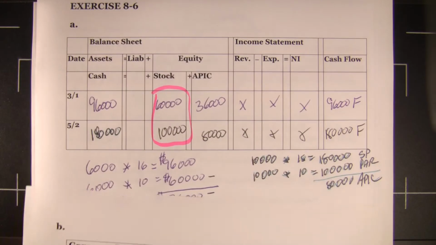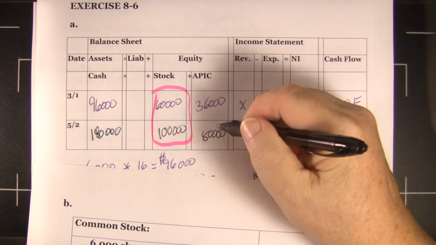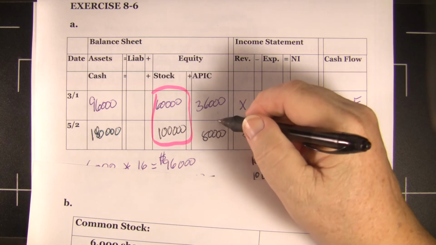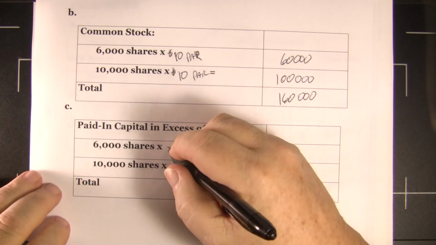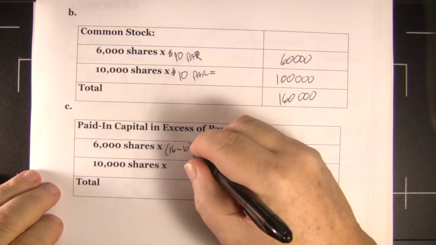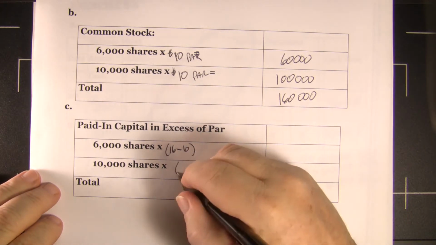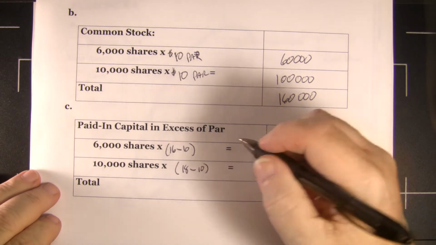And again, if you were to add these two together, that's what you would list in your balance sheet as additional paid-in capital. So we have 6,000 shares times 16 minus 10, and 10,000 shares at 18 minus 10.